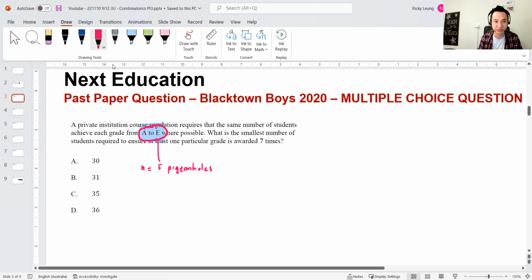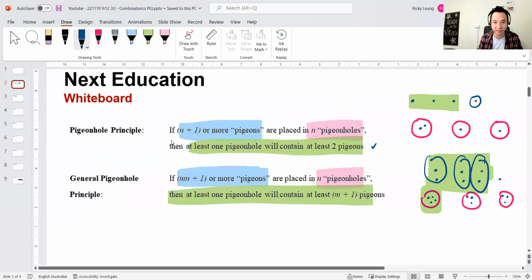Now, what is the smallest number of students required? With the 5 pigeonholes, I want at least one of them to have 7, which means this here represents the m plus 1 in the formula. Let me quickly go back to this, because at least one pigeonhole will contain at least m plus 1.